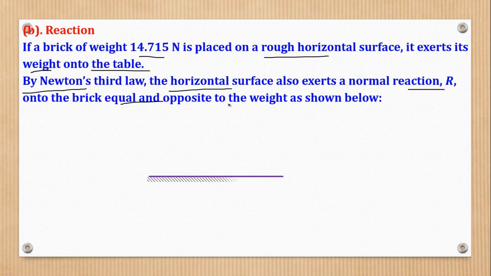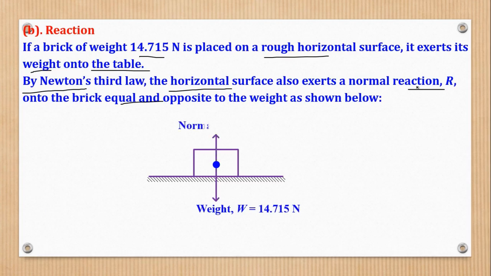So we shall have a horizontal surface with a mass. The weight will be acting vertically downwards. So for this one to be equal and opposite, it must act vertically upwards. Now you have seen so far two forces, weight and normal reaction.